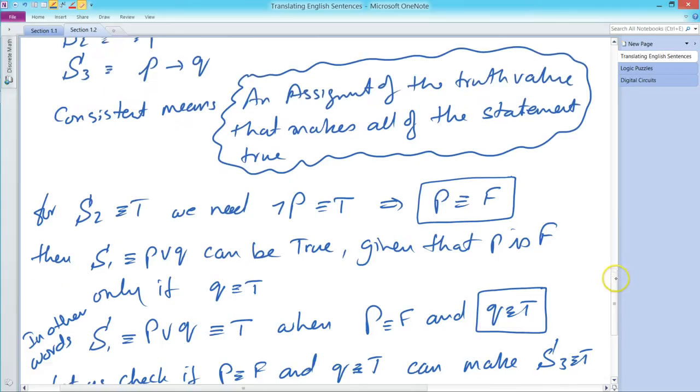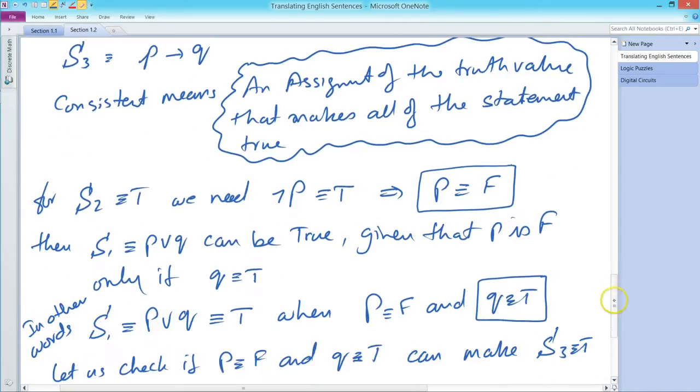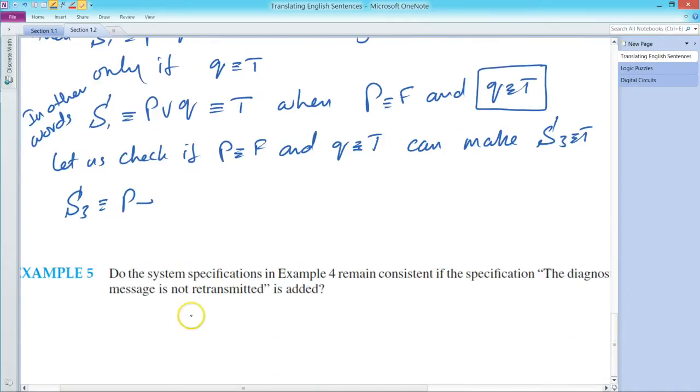S3 is defined as P implies Q. Knowing the values of P and Q, it can be rewritten as false implies true. Remember the truth table for the conditional operator. False implies true is equal to true.